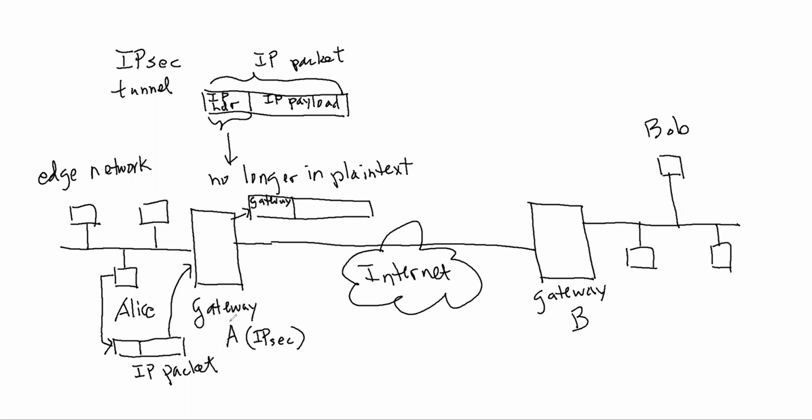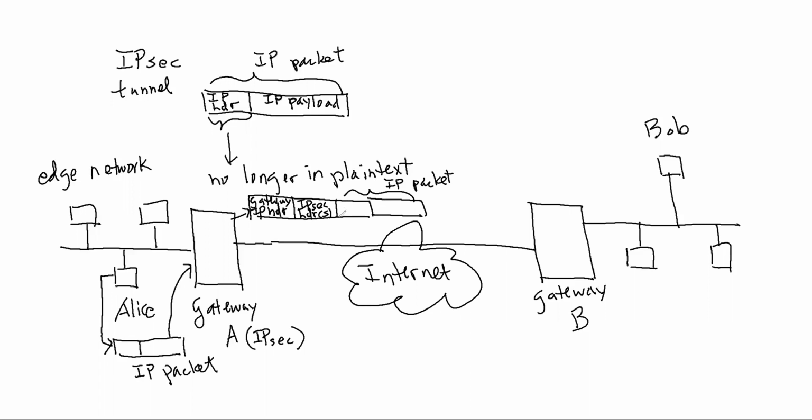Because it's gateway A, we know it's gateway A's IP header, and then it handles IPsec, which could have multiple headers, and this is the IP packet.